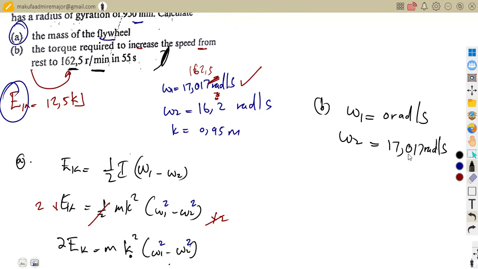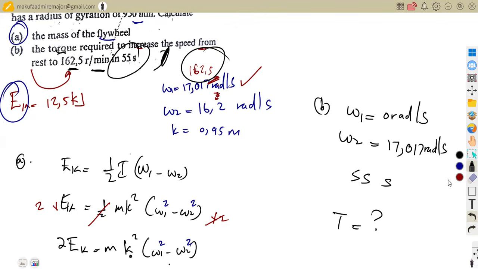So it's a change from what was there previously. There we started with omega 1 as that speed going to another speed. Now they are saying start from rest to this. But we calculated this before. Given the time frame of 55 seconds, what is going to be the torque there?